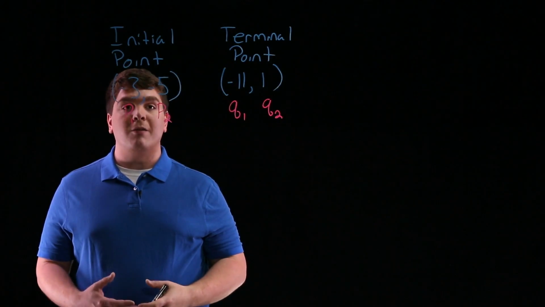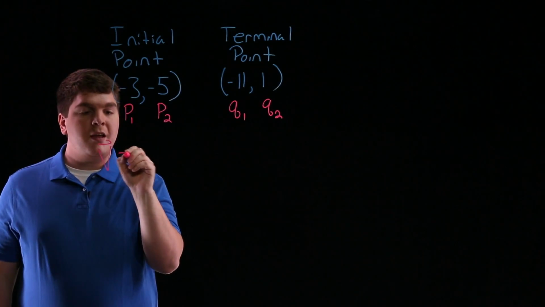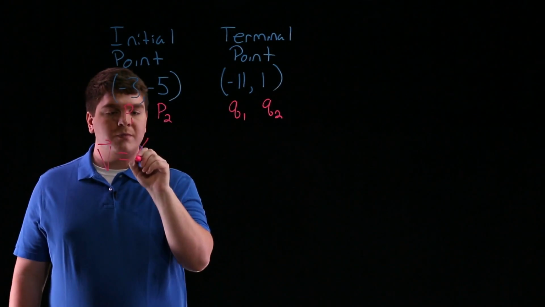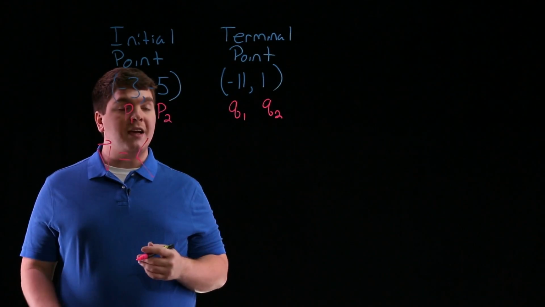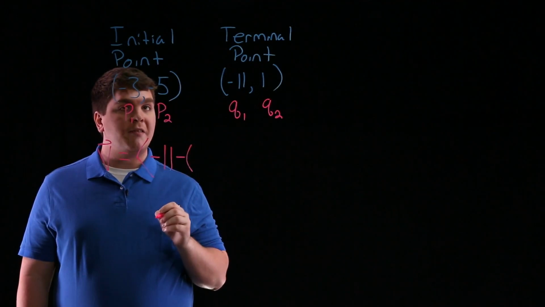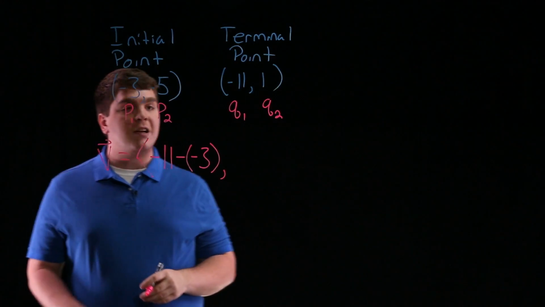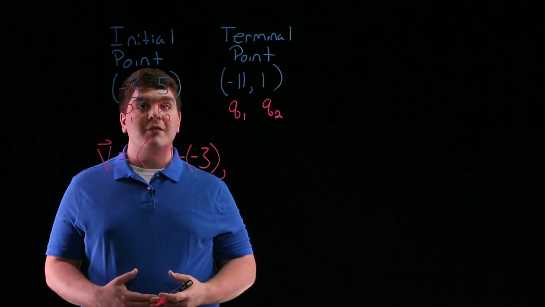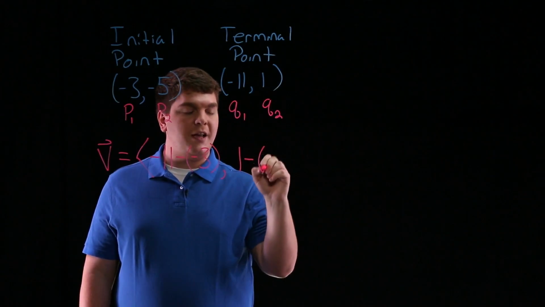Now to write our vector in component form, our vector v is going to be equal to the vector where the first component is the difference of the x values, so -11 minus -3, and the second component is going to be the difference of the y values, so 1 minus -5.